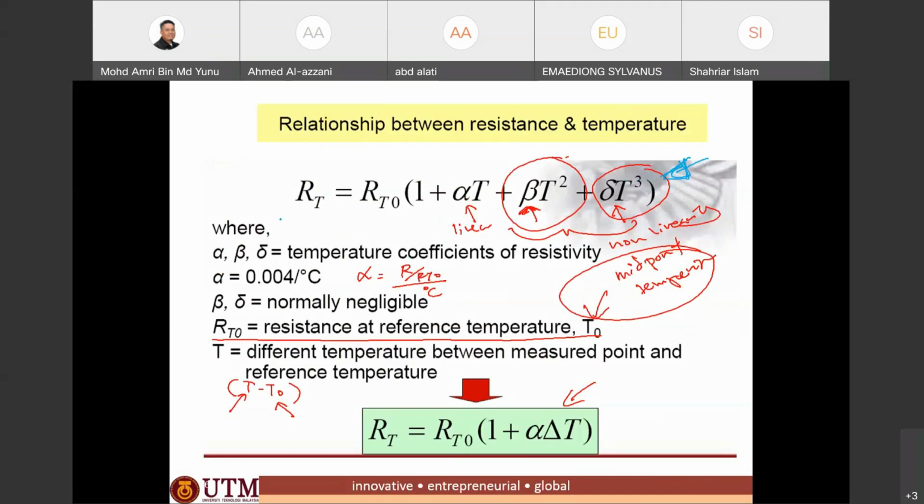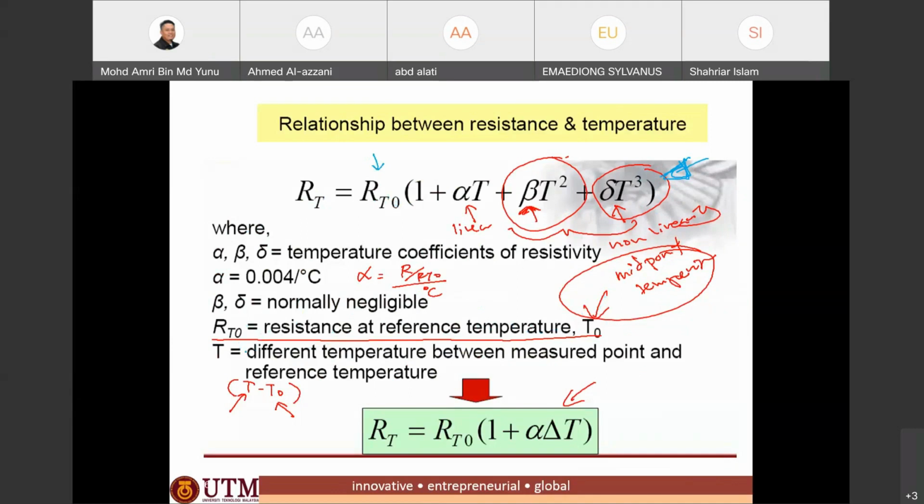RT is the resistance, or the output of the RTD, and it equals R T naught, where R T naught is the resistance at the reference temperature, and usually we take that as a midpoint temperature.